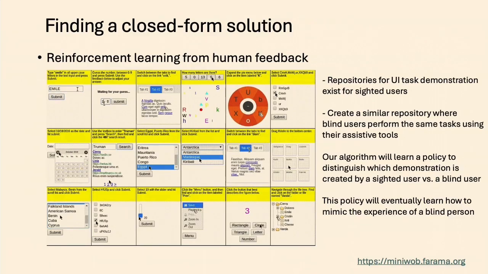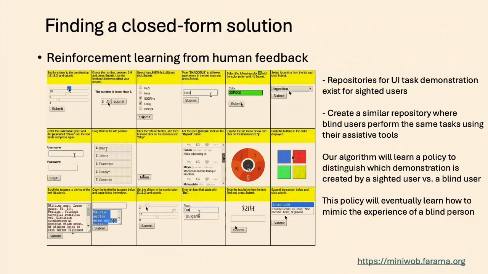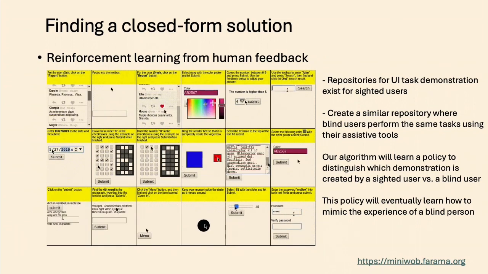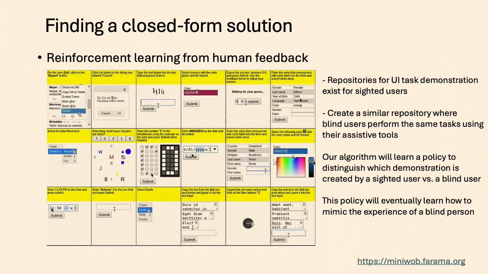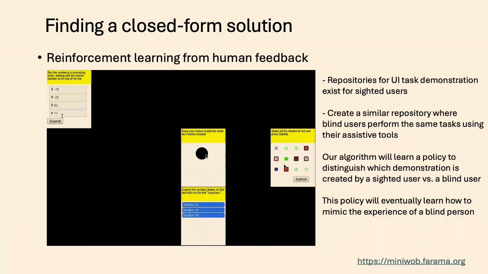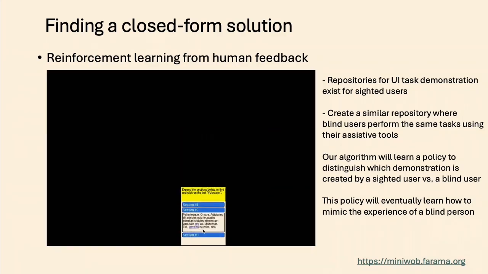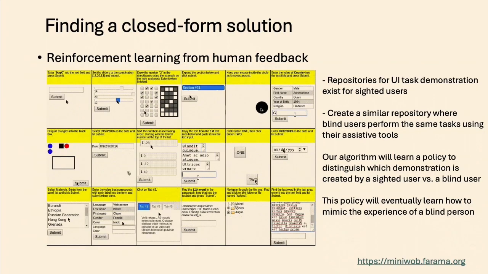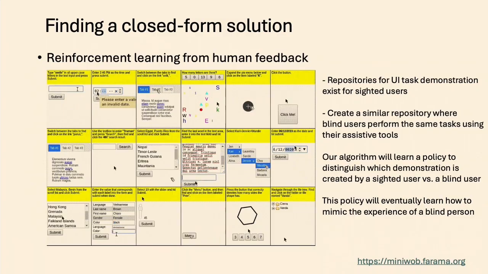Because the state space of our problem is large, we try to use reinforcement learning from human feedback. So the idea is we'll work with the existing repository of UI tasks like this one. Then we create a small data set of similar tasks performed by people with blindness or low vision using their assistive tools.